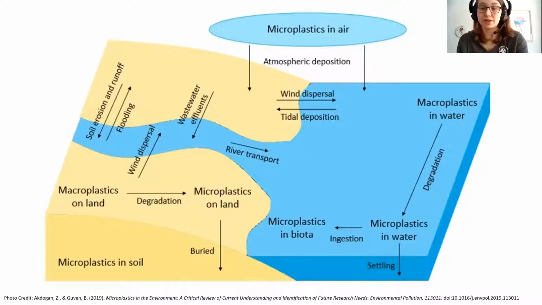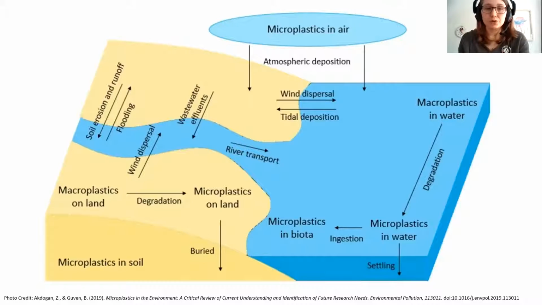Also influencing the movement is wind and tides, right? Anytime you have some sort of movement and a particle that's very small, these things are getting moved all over the place. And the same holds true for erosion and runoff. When these plastics are in the environment, they're very easily picked up and transported from one place to another.